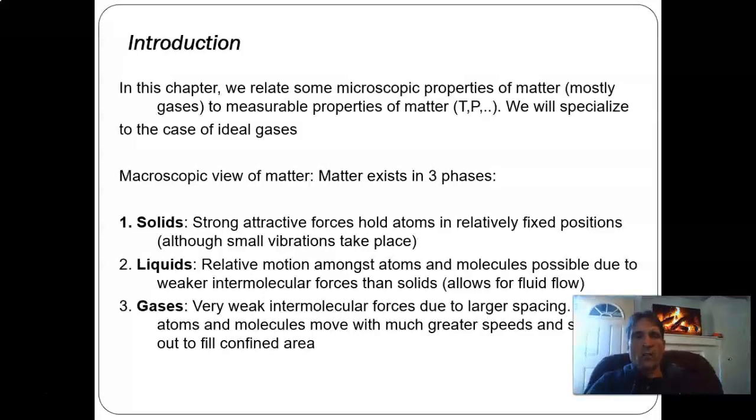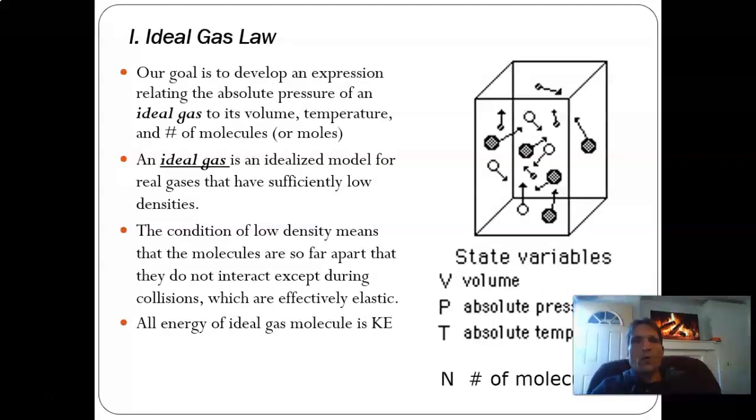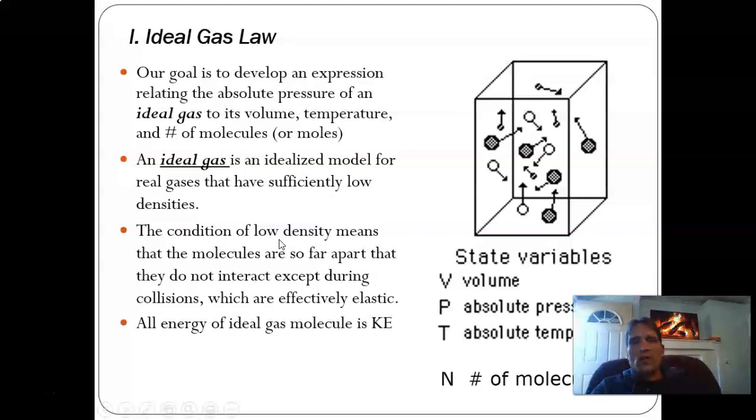So we're going to deal with gases for now, and we're going to primarily deal with the ideal gas law. When we say an ideal gas, what we mean, it's right here, is that the density of the gas is low enough and the molecules are far enough apart that they don't really interact except when they collide.